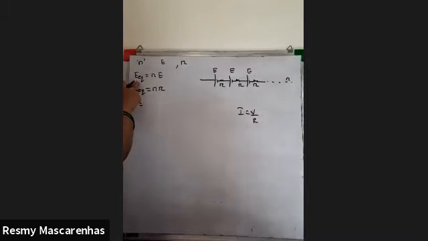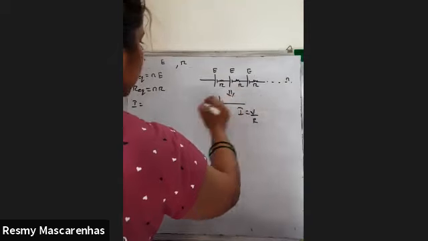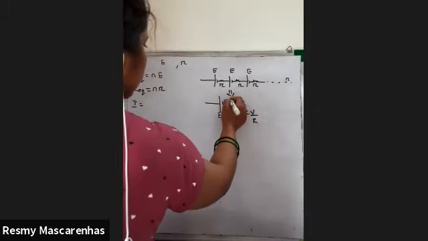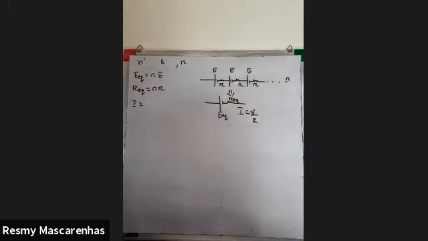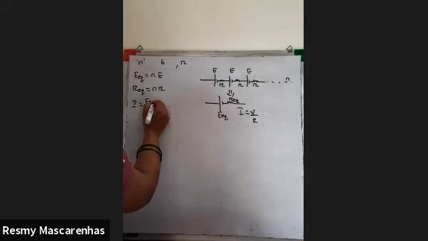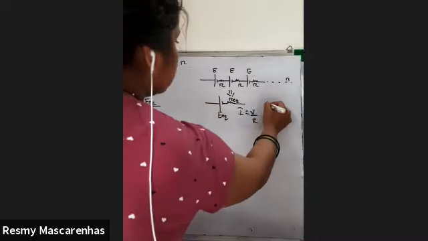It will be E equivalent, because after combining these you will get a single battery, that is E equivalent, and resistance will be r equivalent. Upon it is connected to a load.